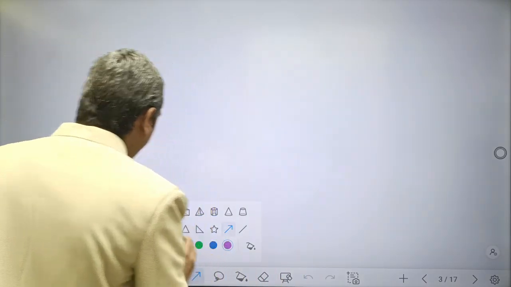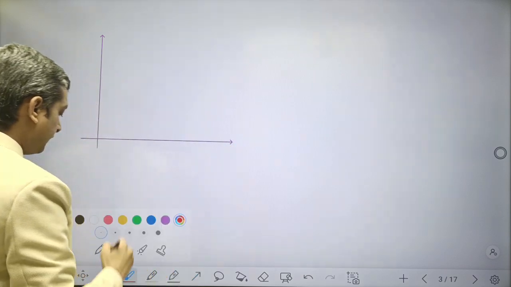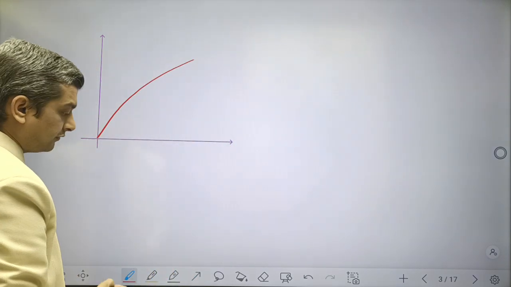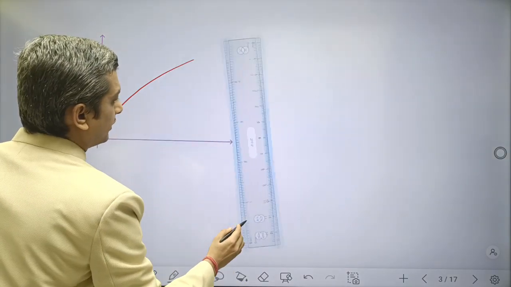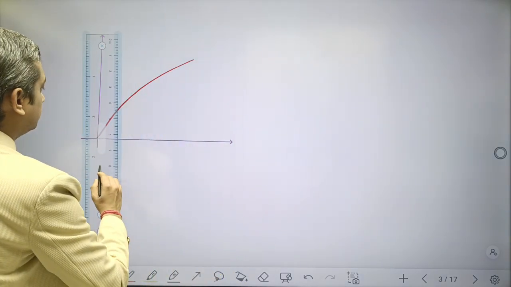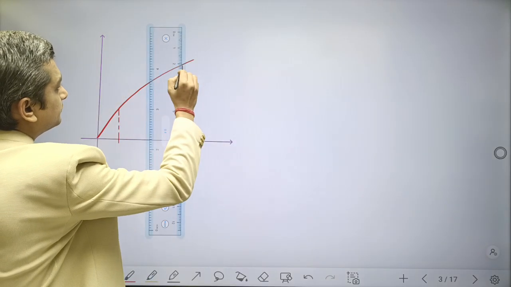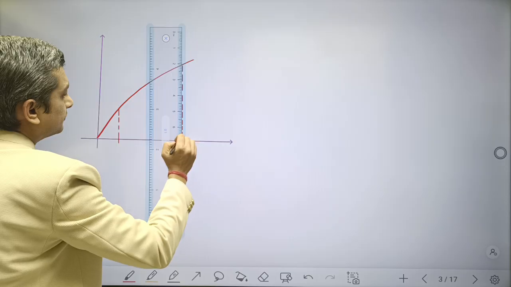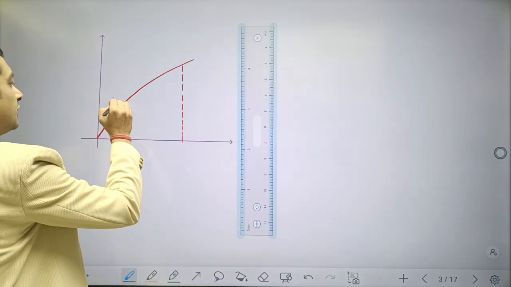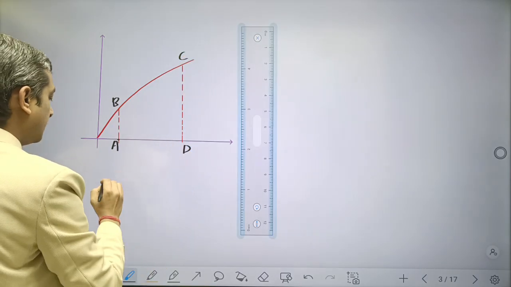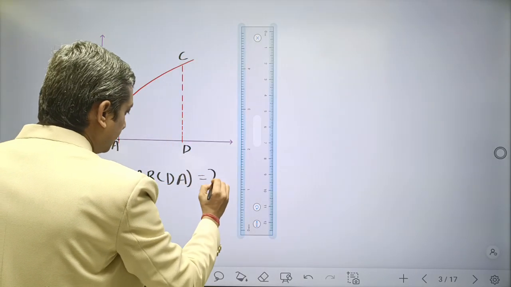The very first thing: suppose this is the y-axis, this is the x-axis, and I plot a graph, and suppose I wish to find this area, A, B, C, D, A. This is how we write it.